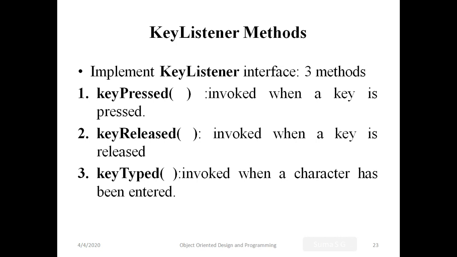Now when do you use keyPressed? When an event is notified, the appropriate method from the listener is executed. keyPressed is invoked when a key is pressed on the keyboard. keyReleased is invoked when a key is released. keyTyped is invoked when a character has been entered, that is, when general keys like A to Z or 1 to 9 are pressed or typed.